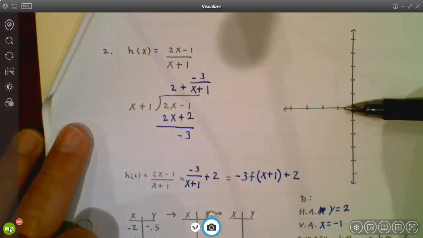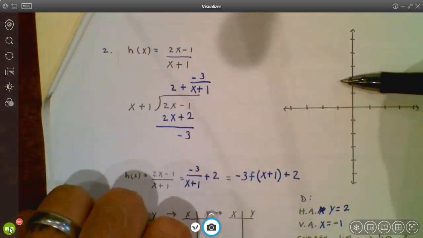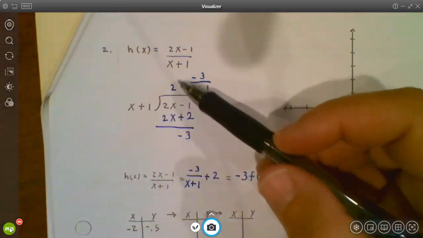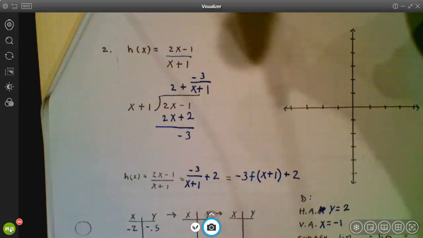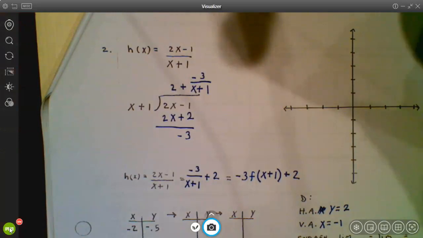So instead of being at 0, this causes it to shift up 2, and now my horizontal asymptote is y equals 2. Okay, and so that long division process helps us separate out the vertical shift, and that also helps us identify the horizontal asymptote. I kind of wish this had come up earlier in the chapter, but it is what it is.